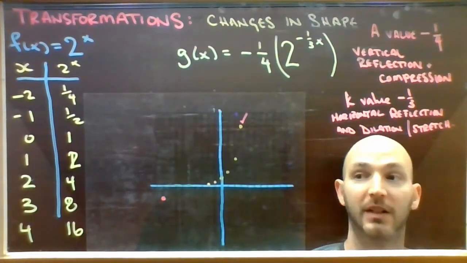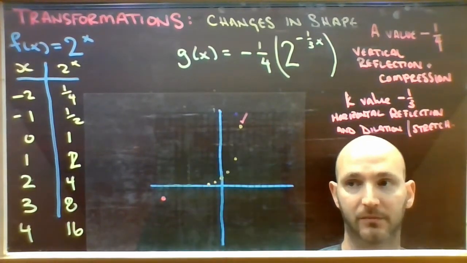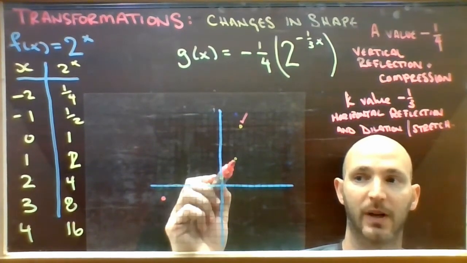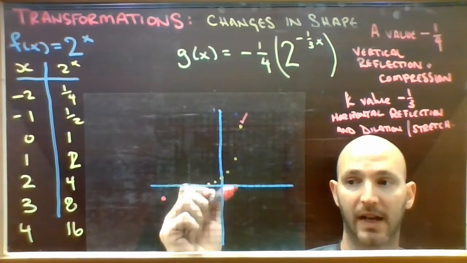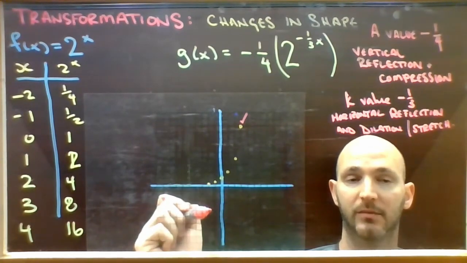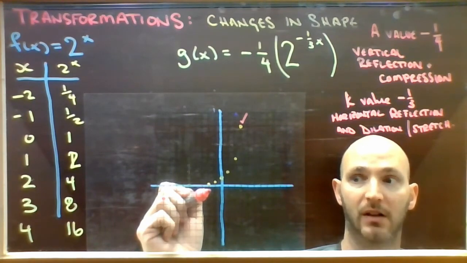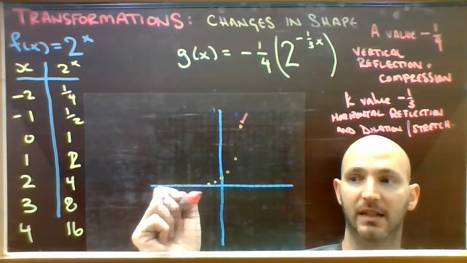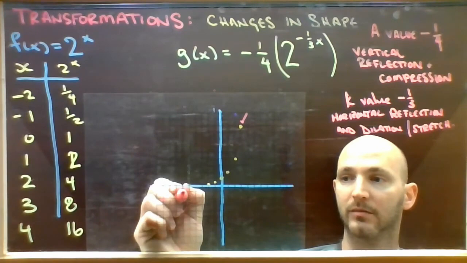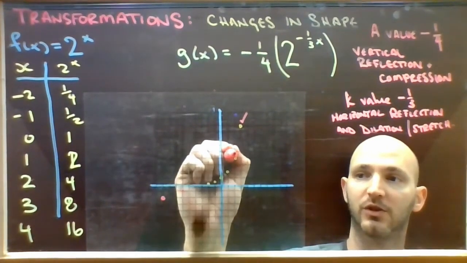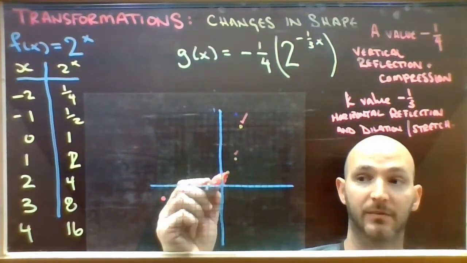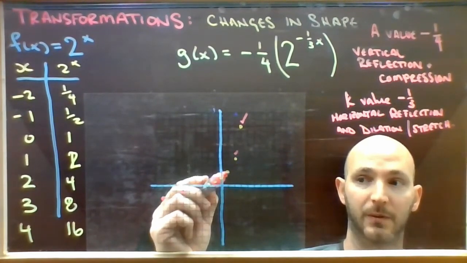Check. Now we need to do this one. This is at 2 and 4. Reflect it, 1/4 of its normal height, and thrice as far. So instead of 2, I should be at 6. Check. This one, over 1 up 2.